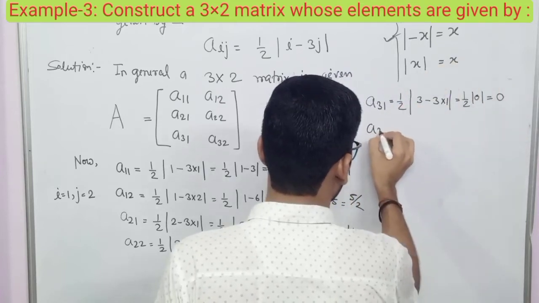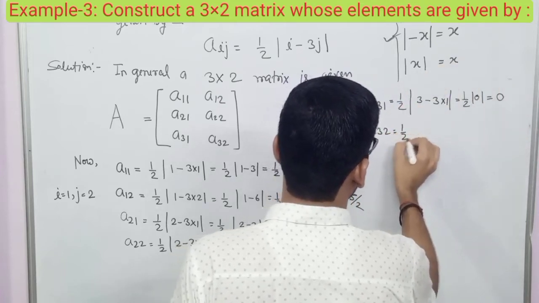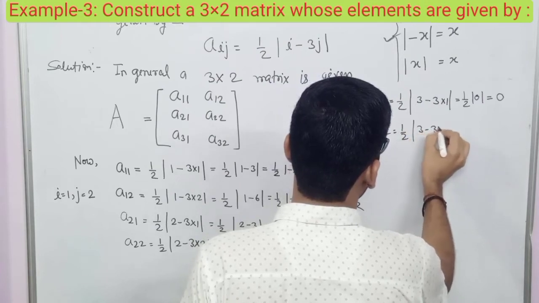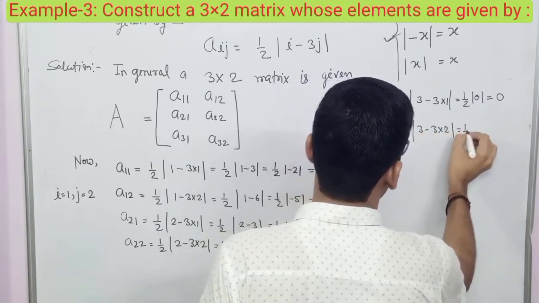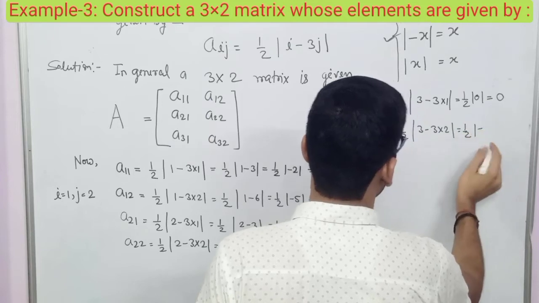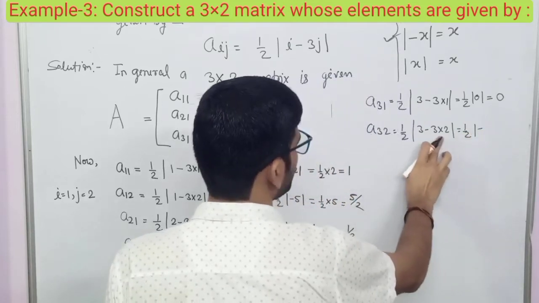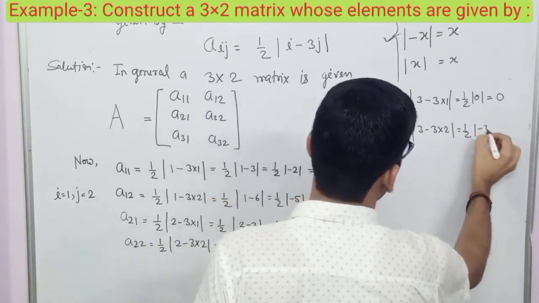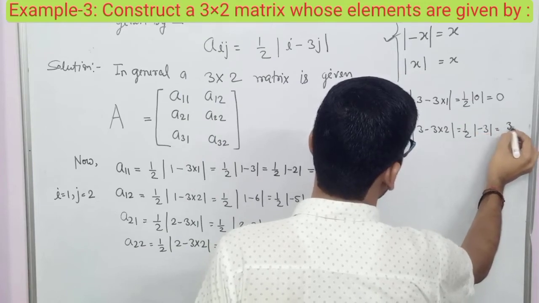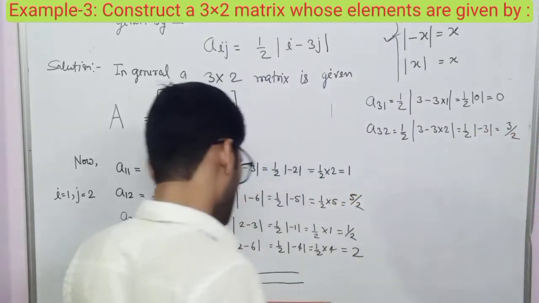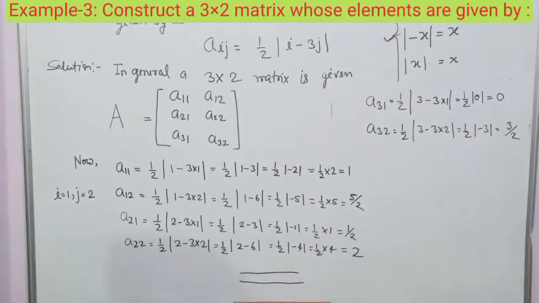And again A32 equal to 1 by 2 modulus of 3 minus 3 into 2. 3 into 2 is 6, minus 3, so that is 3 by 2. The last value is 3 by 2.